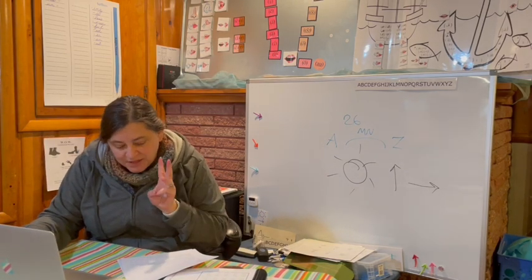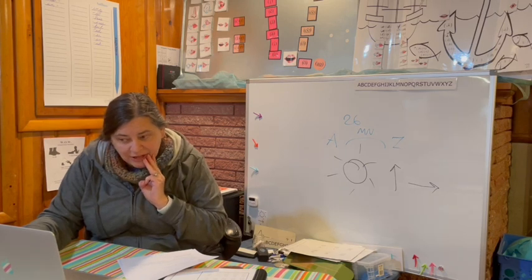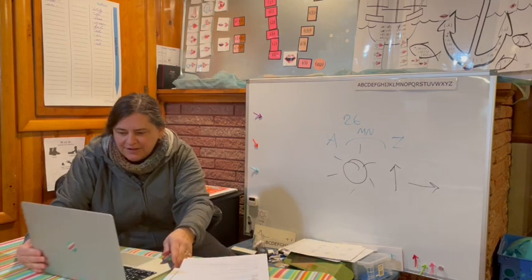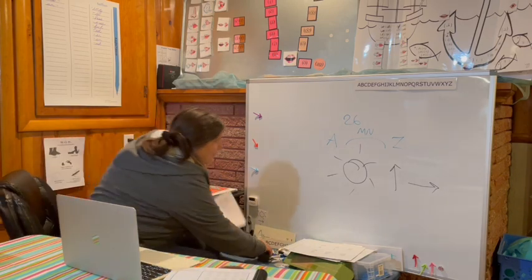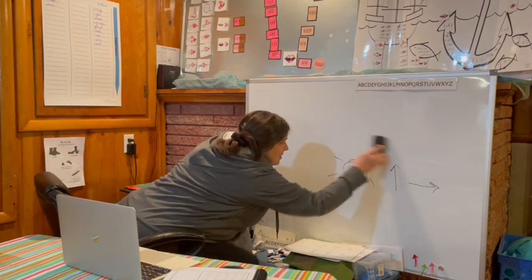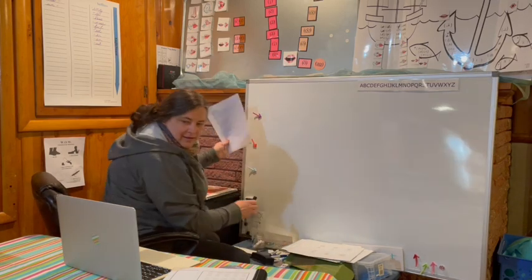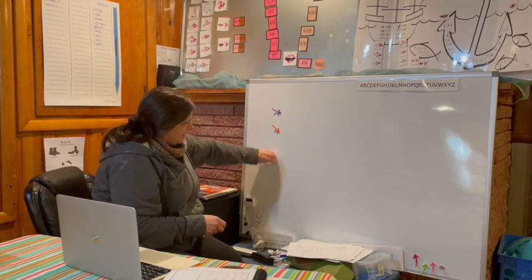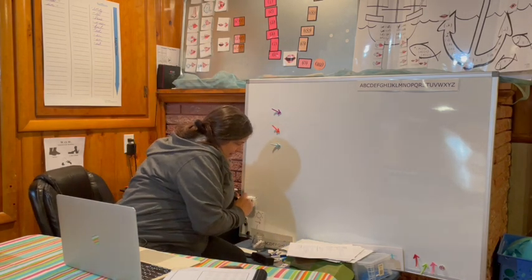I'm going to write these 3 words on the board, and I want you to see how they might look different than what you're used to. Okay. So let's see if I can get this aimed at my board. I've got my darker marker, so hopefully it'll show.